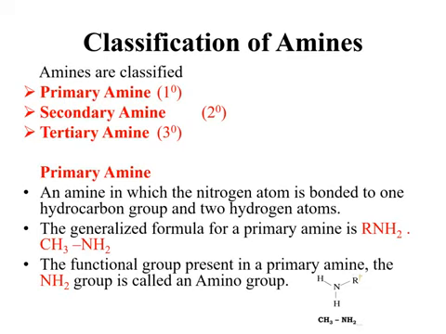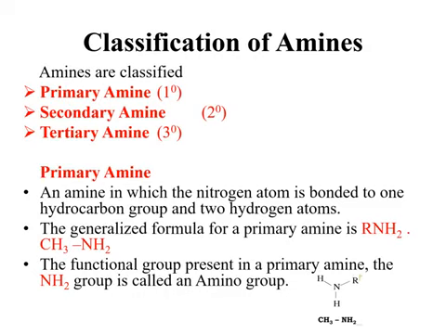As we discussed in our previous slides, amines are derivatives of ammonia. So, depending upon substitution of hydrogen atoms with different alkyl groups, they fall into different categories. First, we shall talk about the first class of amines, that is primary amines.